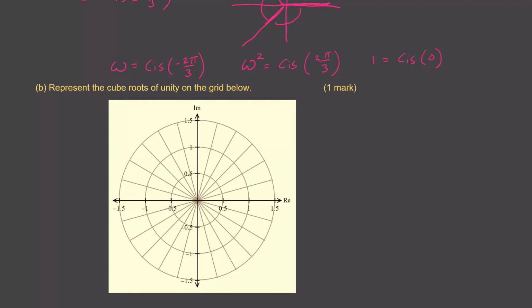And then we're asked to represent the cube roots of unity on the grid below, which is just basically formalizing this sketch. So 2 pi by 3 is here. Remember, the modulus is 1 for each of these. And so they should all lie on the circumference of the circle with radius 1. And I'm going to label them 1, omega and omega squared.